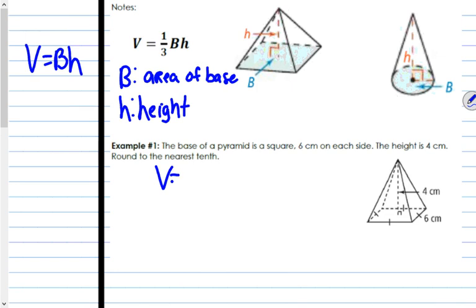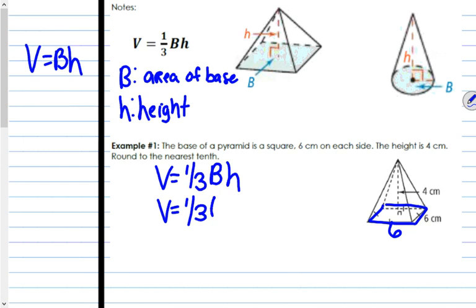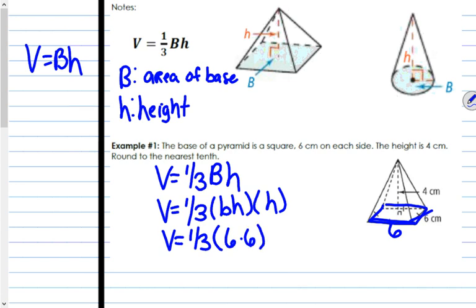So V equals 1/3 area of the base times height. It said the base was a square, 6 on each side, so the base is 6 times 6, times the height of the pyramid itself. 1/3, the base is 6, the height of the square is 6, and the height of the overall solid is 4.